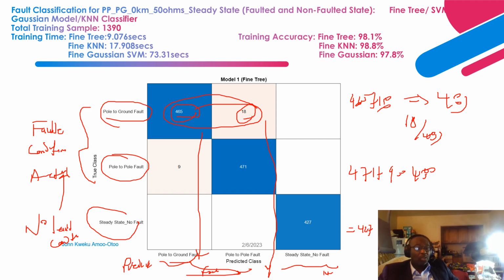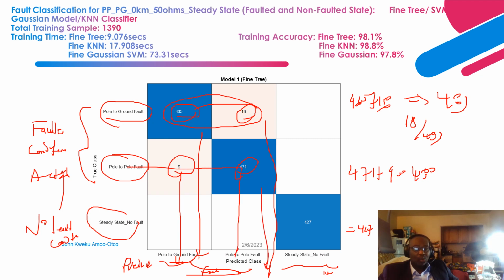Then for pole to pole fault, 9 were predicted wrongly as pole to ground fault, and 471 out of 480 were predicted correctly as pole to pole, pole to pole matching pole to pole.